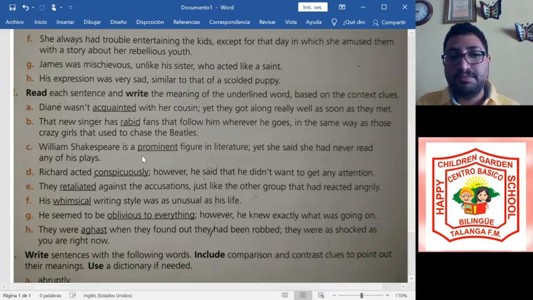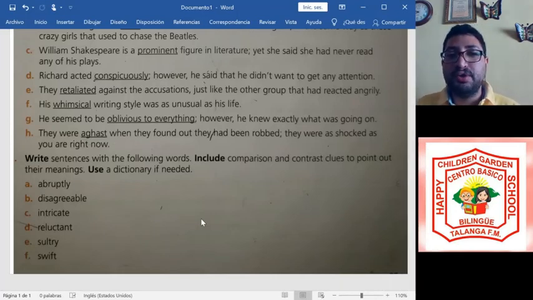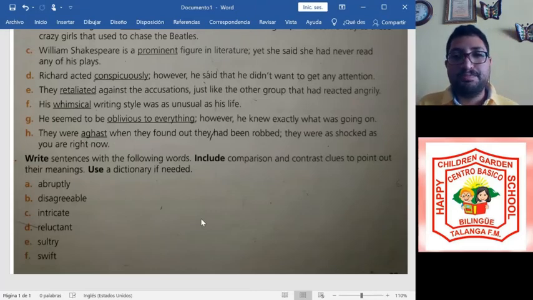And so you're going to be doing the other ones. And in the last exercise, you're going to write sentences with the following words, including a comparison or contrast clue to point out their meaning. So you're going to use a dictionary to find the meaning of the word, and you're going to write a sentence using a comparison or a contrast clue. Abruptly.